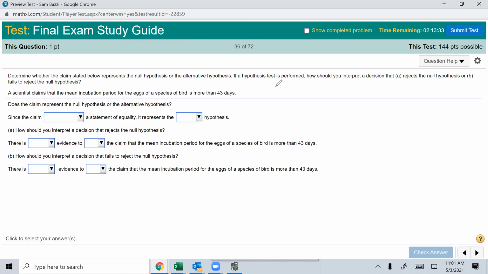Mean is more than 43. That must be an H1 or HA. Okay. Does the claim represent the null or the alternative hypothesis? Since the claim does not contain an equality statement, it represents the alternative hypothesis.